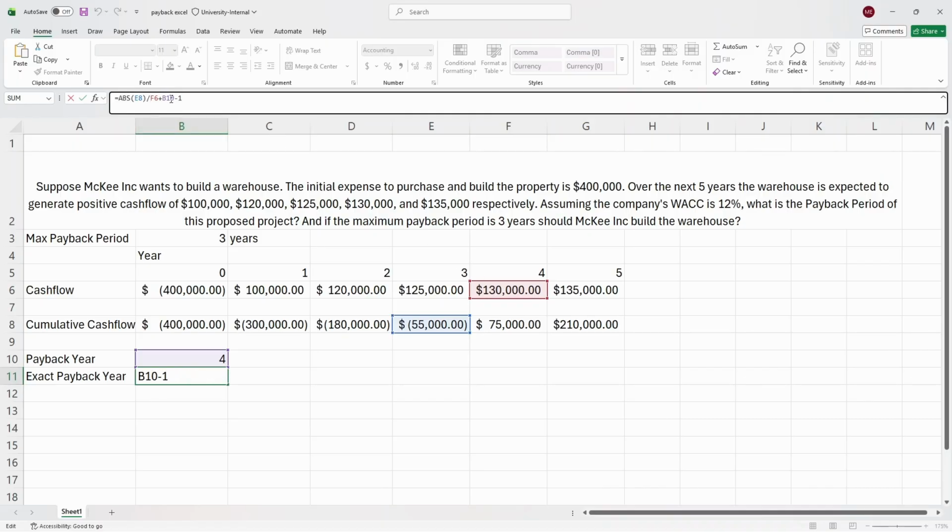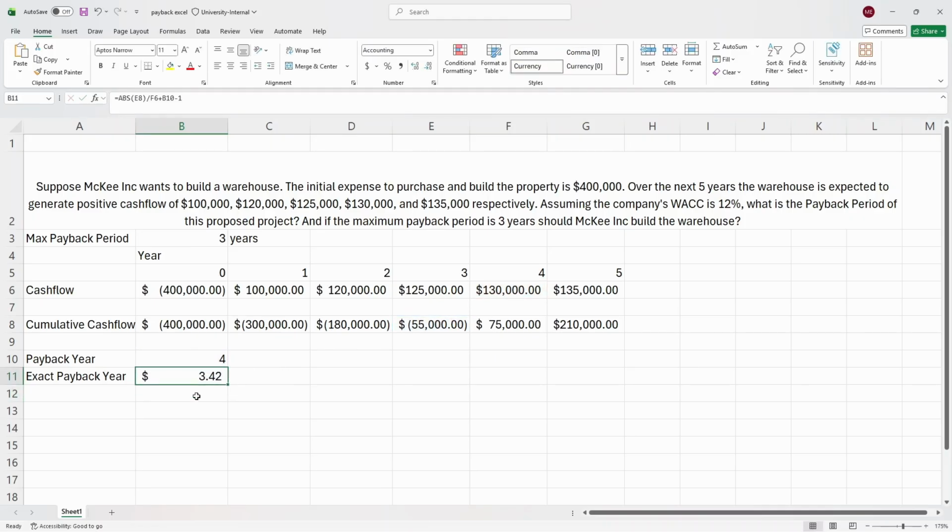If we then add back in the base amount of 3 years, B10 minus 1, it's going to be 3 plus whatever fractional amount, 55,000. That's the amount we needed to earn out of 130,000. And so we get 3.42. So 4 minus 1 is 3 plus 0.42. And that is how long it took to earn back that $400,000 to build this warehouse.